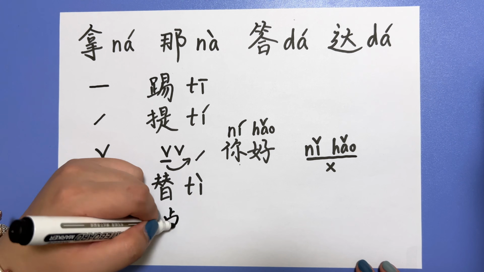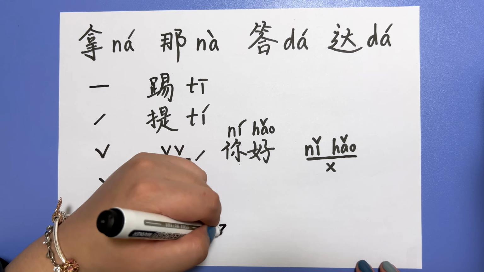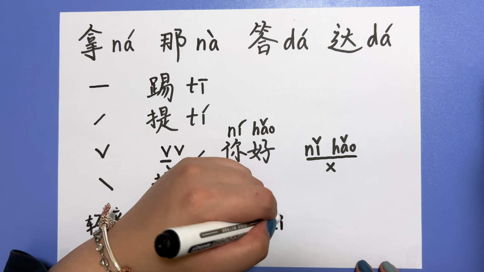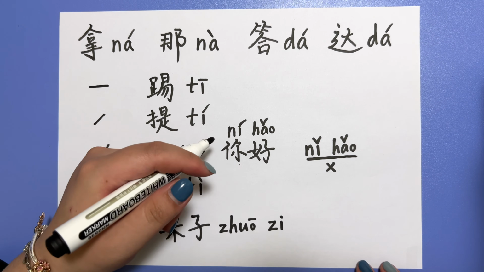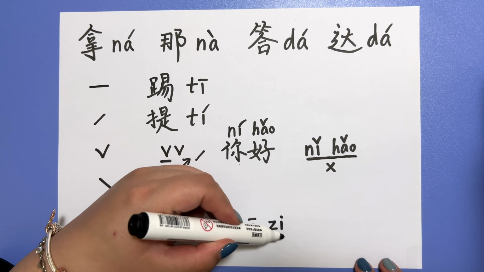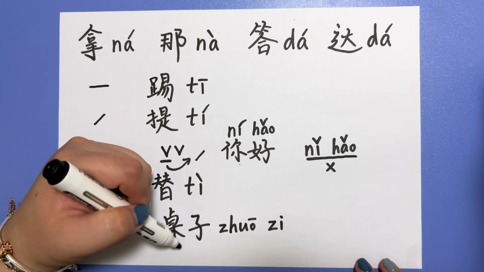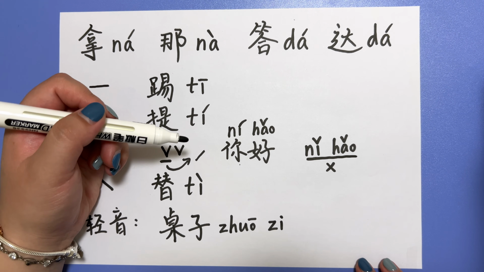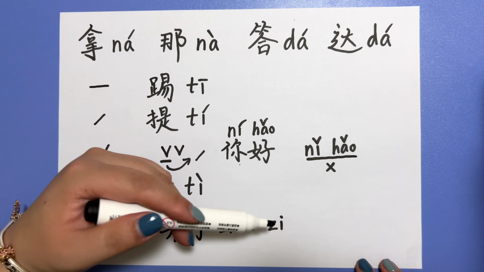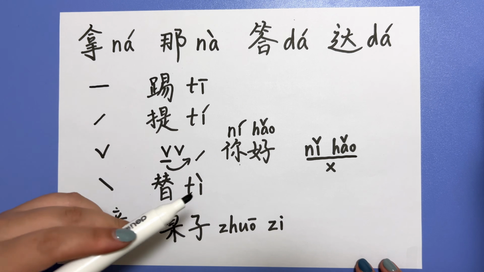Like 桌子, 桌子 means table. Actually, the neutral tone is not like a tone, but more like a special type of rhythm in this language.